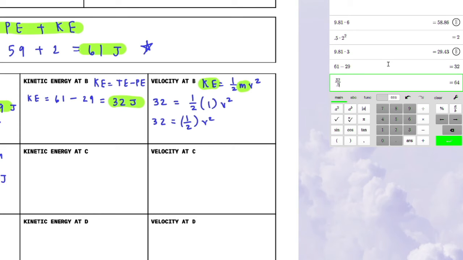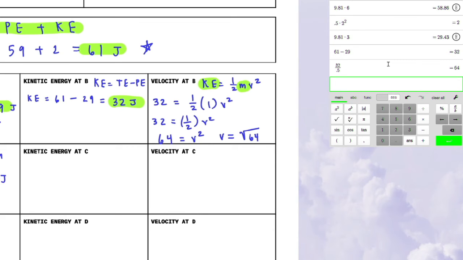So don't just cut 32 in half. We're dividing it by 1/2, which is the same thing as multiplying 32 by 2. So we get 64 is equal to v squared. And the last step to solve for v would be to take the square root. So the velocity is equal to the square root of 64. And I'm kind of running out of room, but I'm sure you know the square root of 64 is just 8.